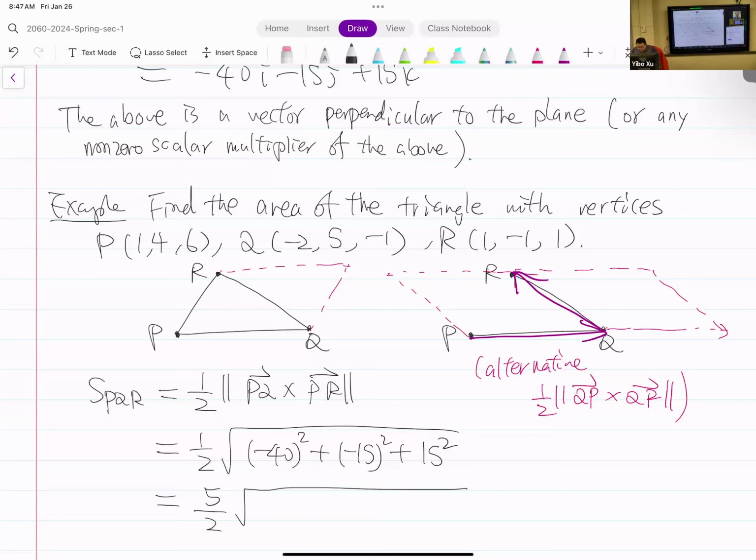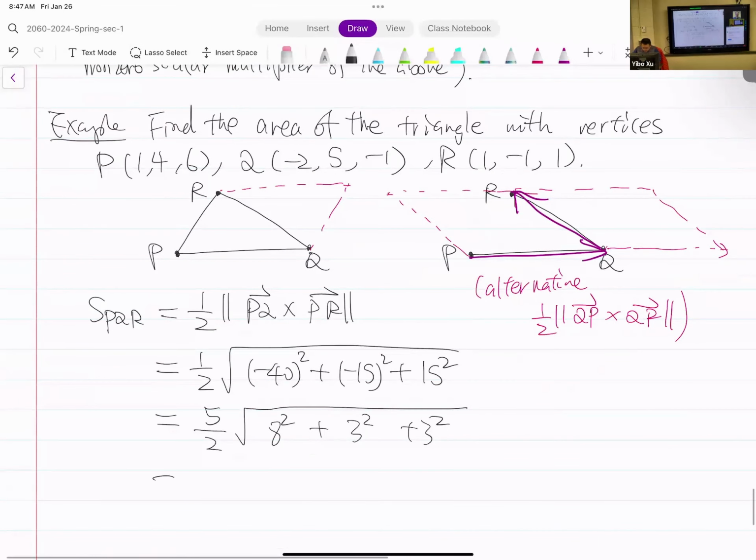Well, excuse me, at every square. So that's 8 squared plus 3 squared plus 3 squared. And then to calculate, that's actually 5 over 2, square root of 64 plus 9 plus 9.